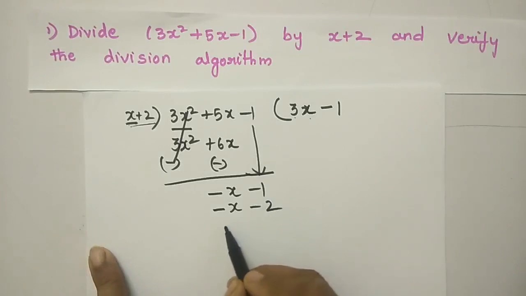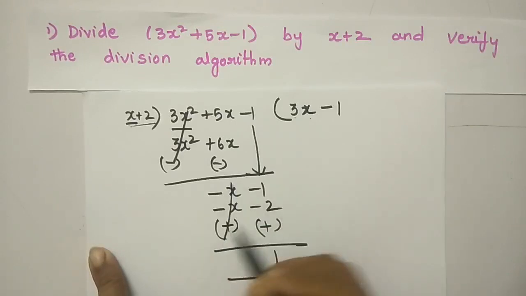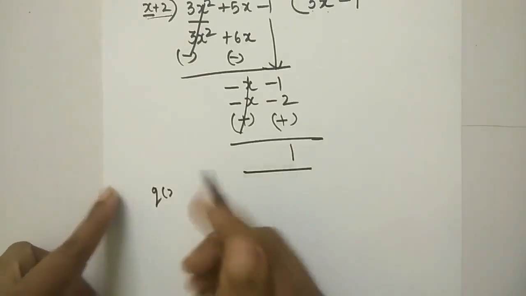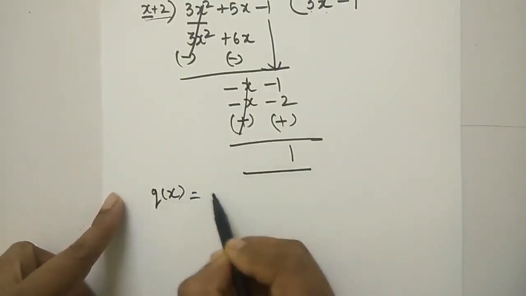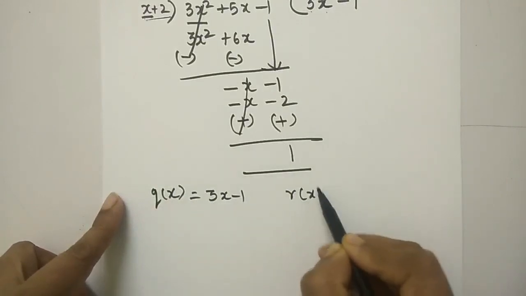Okay, you will get remainder 1. These two get cancelled and remainder is 1. Here q of x is, we got q of x is equal to 3x minus 1 and remainder as r of x is equal to 1.